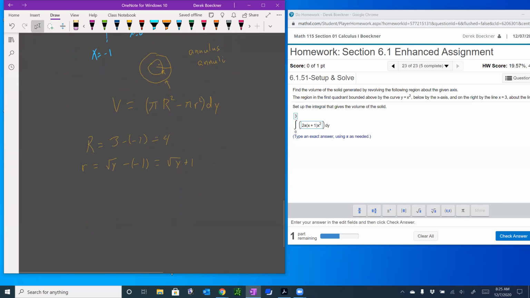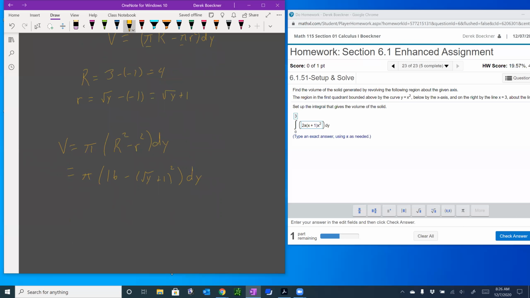Okay, so the volume then, I'm going to factor pi out. Four squared is 16 minus square root of y plus 1 squared dy. So I'm going to have this integral from 0 to something.